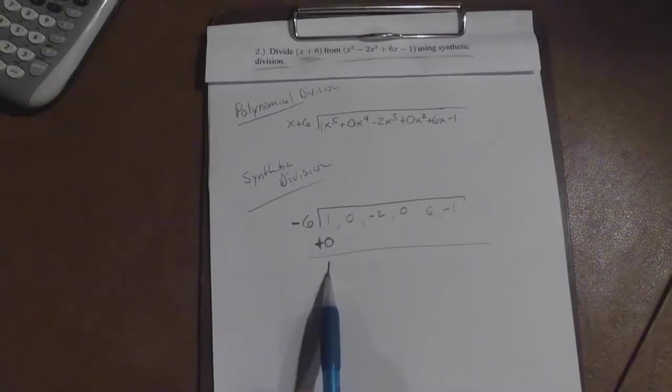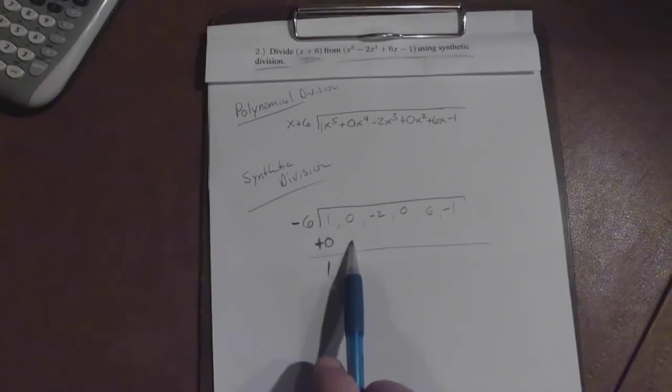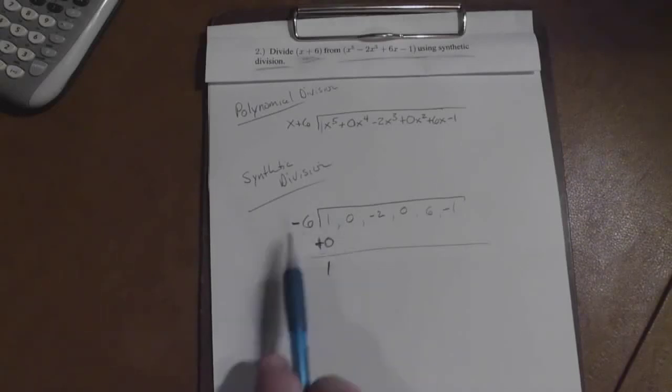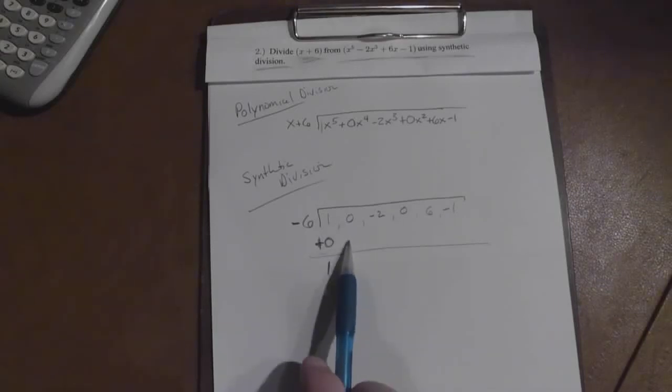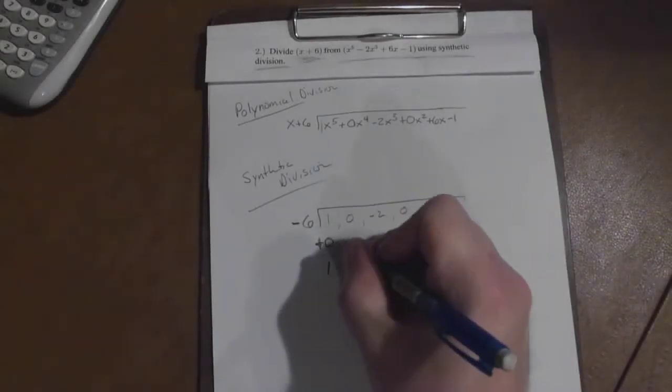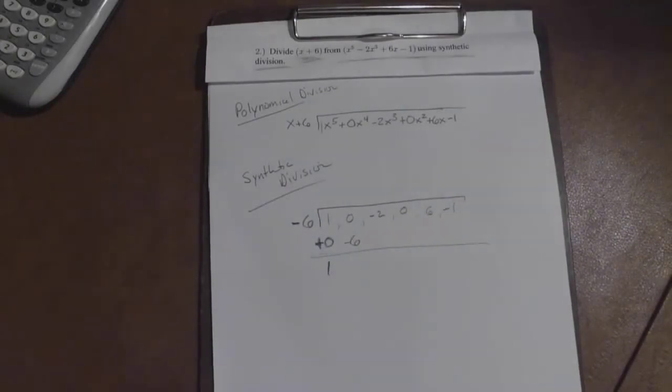We're to continue here. I'm now going to take the -6. I'm going to multiply it by this quantity of 1. And I'm going to put that product right here underneath the next coefficient of 0. So -6 times 1 is -6. That -6 is going to go right here as an answer, -6.